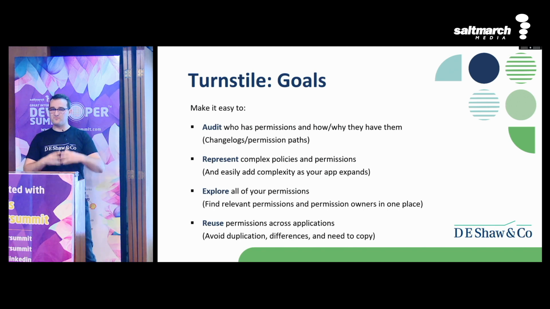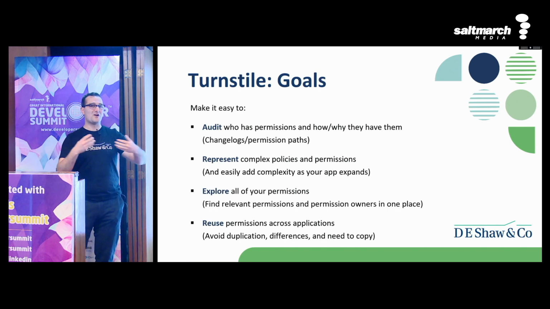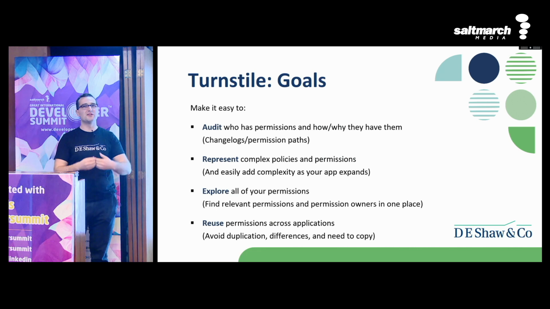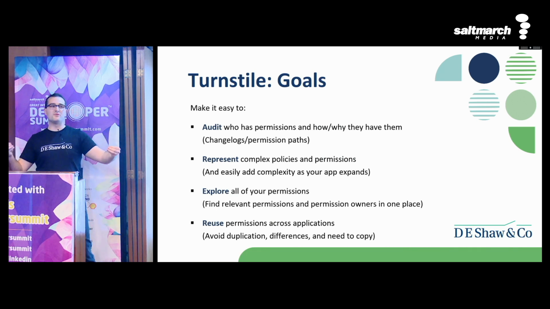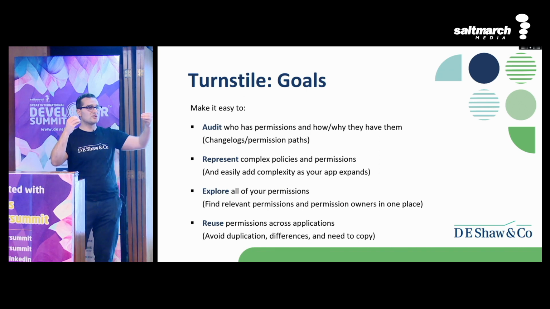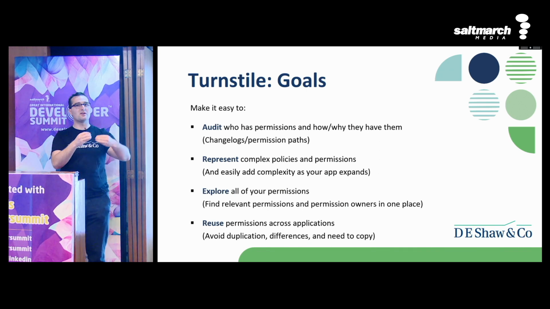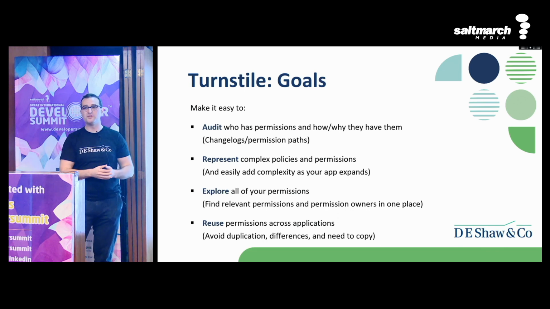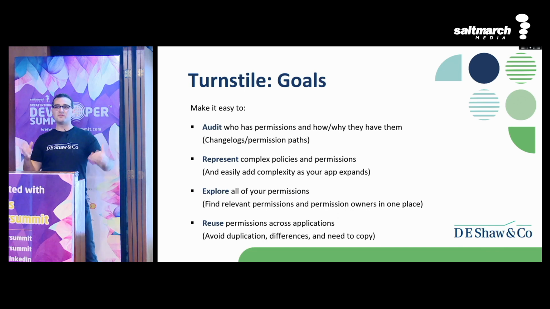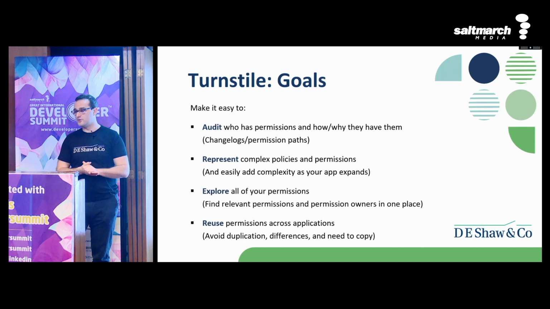The other thing we noticed was that most applications start simple, and then over time their complexity expands. Maybe you have one overarching permission that later you decide you want to make more fine-grained, with a bunch of different permissions that represent that same permission. We wanted to make sure that stuff like that ends up being easy to do, and we think about that when choosing an authorization system to use.